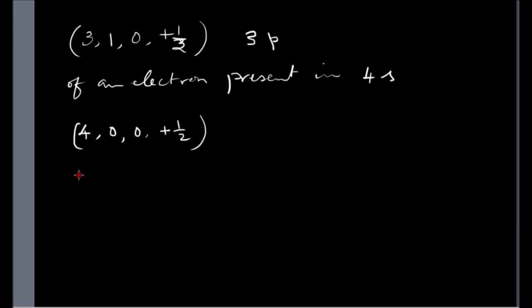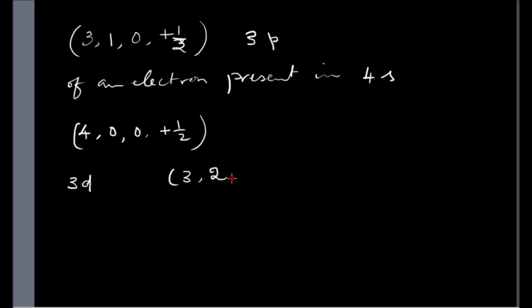Let's do one more. Let us try to write the quantum numbers of an electron in the 3d orbital. So it will be 3 for the principal quantum number. d will have l value as 2: 0 for s, 1 for p, 2 for d. So it is 3, 2.